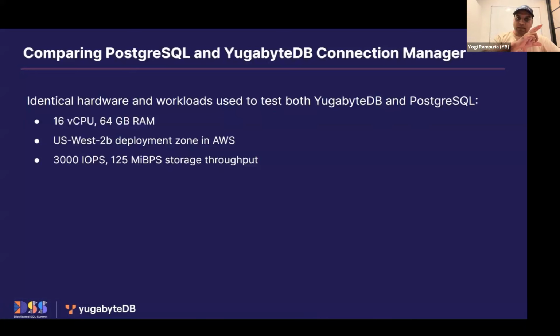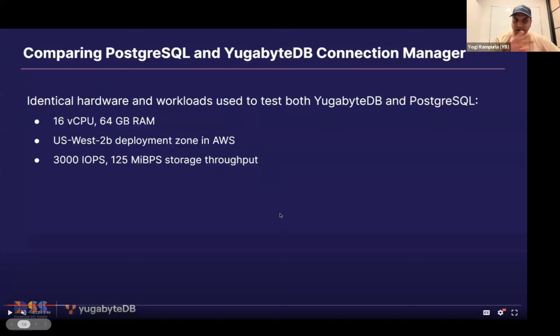We've kept the same exact configuration that you saw earlier, 16 vCPU per node, 64 GB RAM, all deployed in the same zone to keep the results comparable.